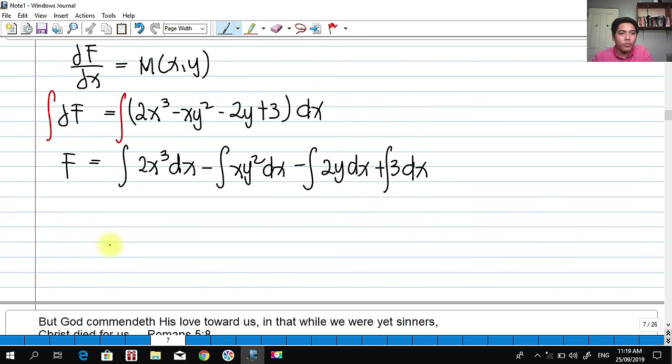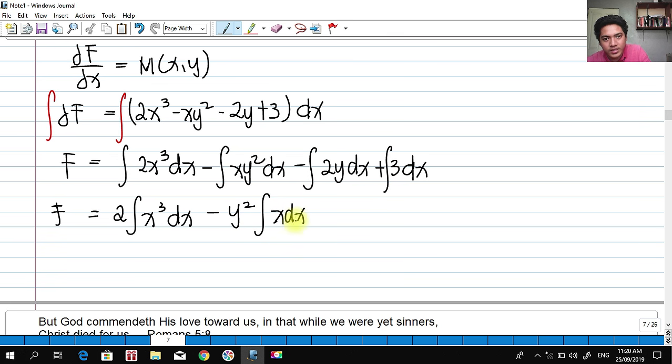And again, we are integrating with respect to x, so any other variable aside from x is considered as constant. I can factor out 2 outside of the integral sign, I have x cubed dx here. I can factor out y squared here because we are integrating with respect to x, so y squared, integral of x dx. I can factor out 2y here, minus 2y integral of dx. I can factor out 3 here, 3 integral of dx.